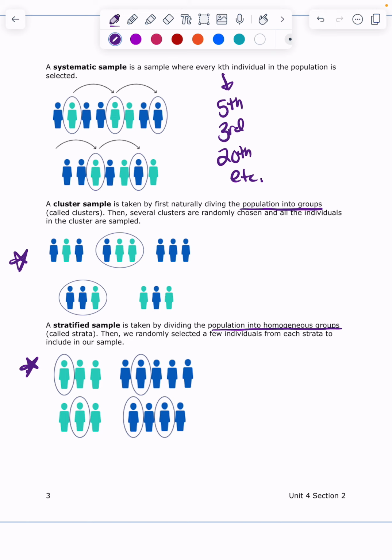So the difference is with cluster sampling, you are randomly selecting the whole cluster. Whereas stratified, you're still taking one or more random person or object from each strata, because the groups in a stratified sample are called strata. They're still groups. So in cluster sampling, they're called clusters, and in stratified sampling, they're called strata.